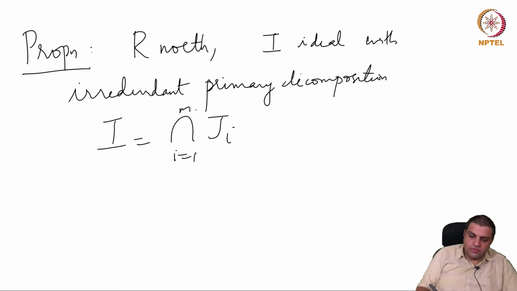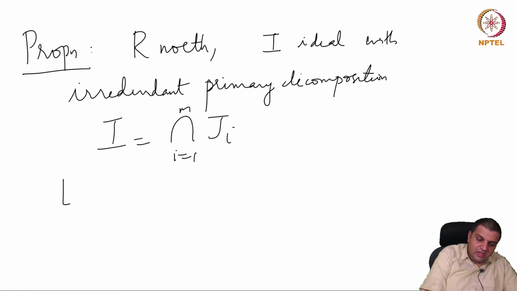All the Ji's are strictly bigger than I. The R mod Ji's are primary and have distinct associated primes, and we saw in the previous proposition that the set of associated primes of I is the union of the sets of associated primes of these individual components.